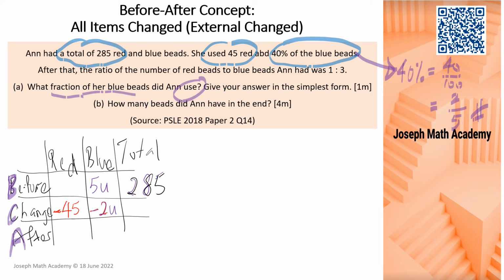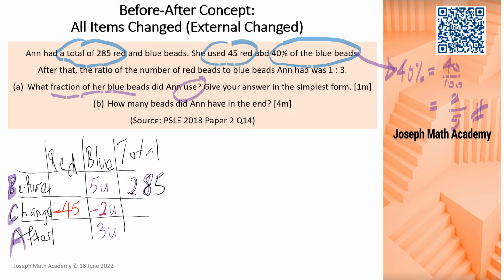Looking at the table, the blue beads at first should be 5 units before, and she used 2 units of blue beads, and she ended up with 3 units of blue beads. Now I think the blue column should be quite easily understood. It's actually using the part whole concept.